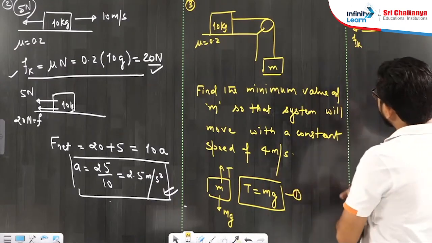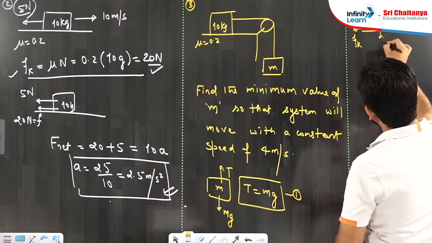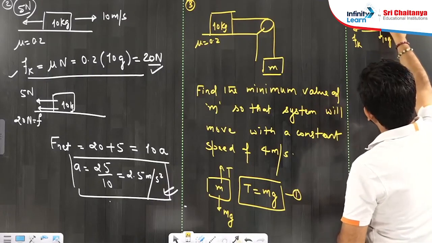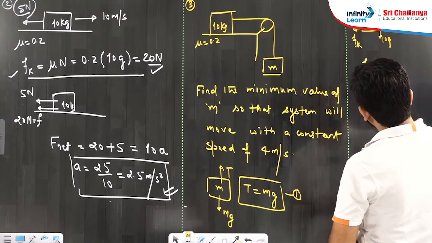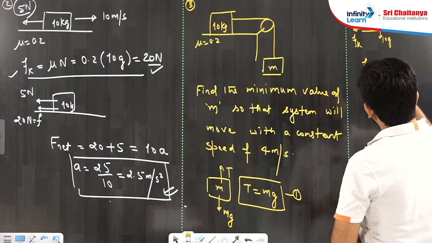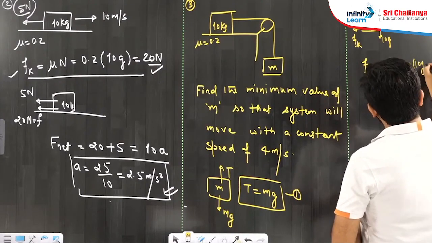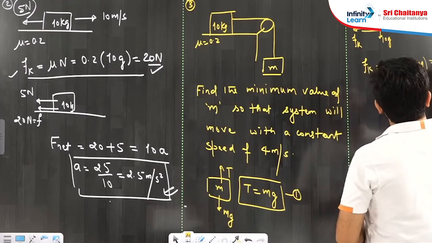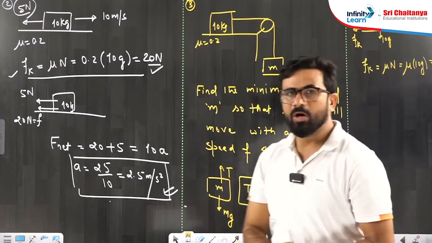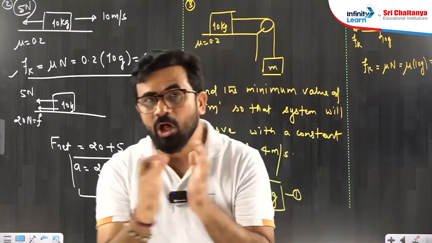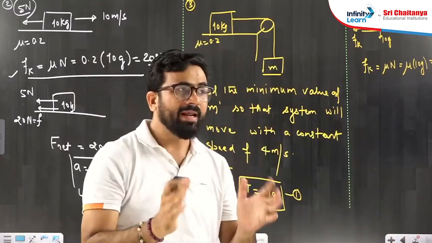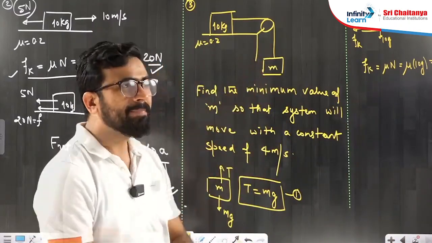What is the value of kinetic friction? We already know that it is equal to mu into N. So mu k is equal to mu into 10 into g, and that must be equal to the tension T, because it is not moving with any acceleration. Understanding up to here? Good.